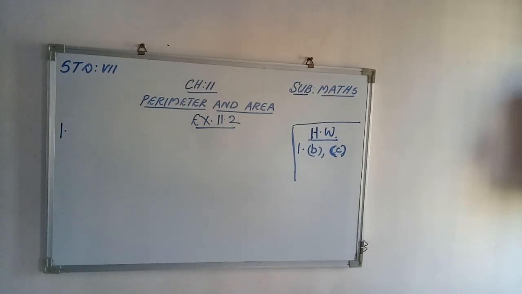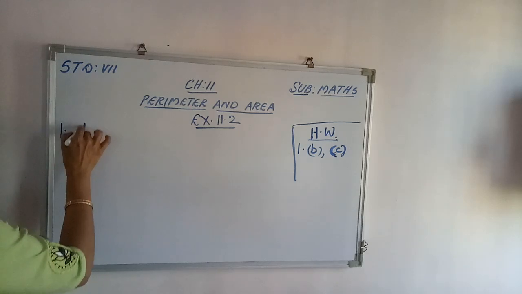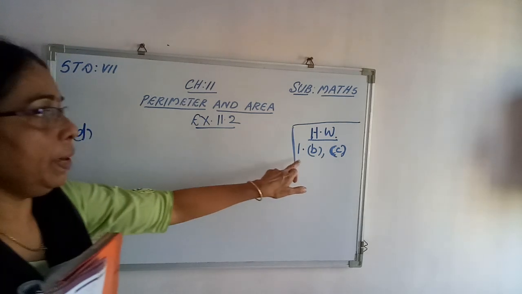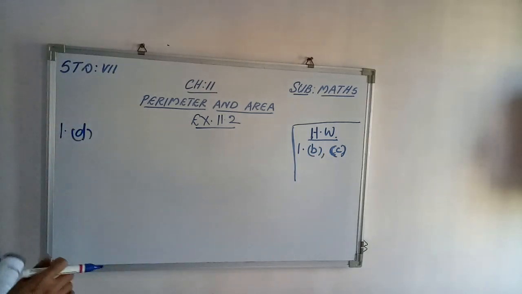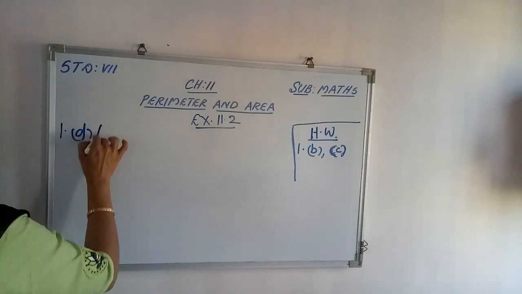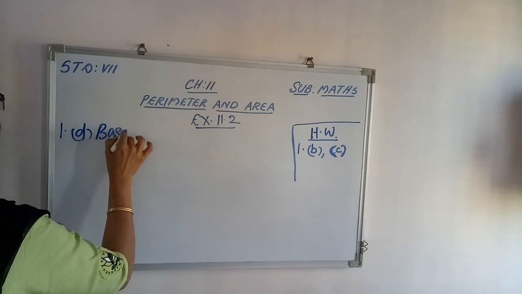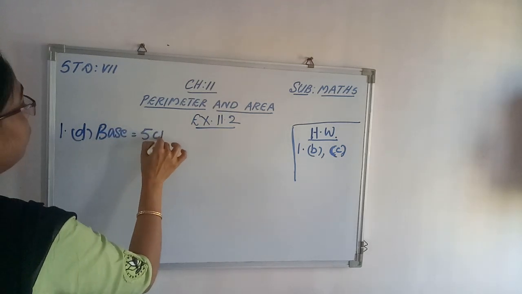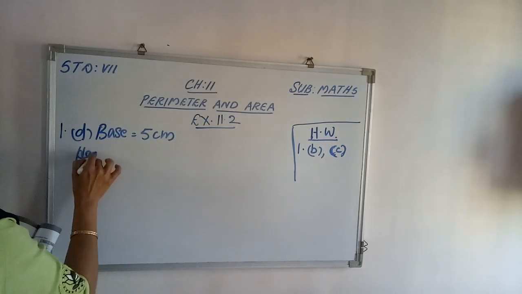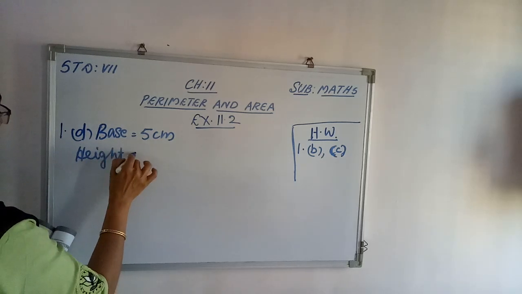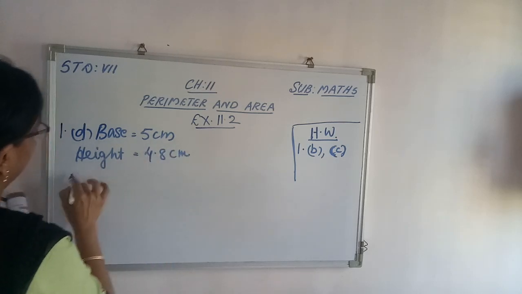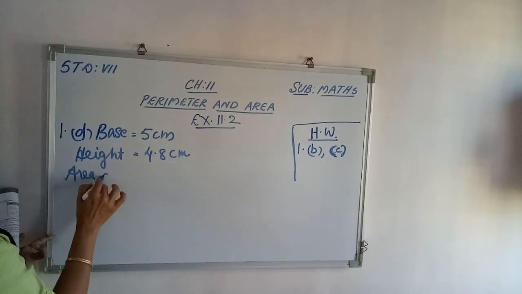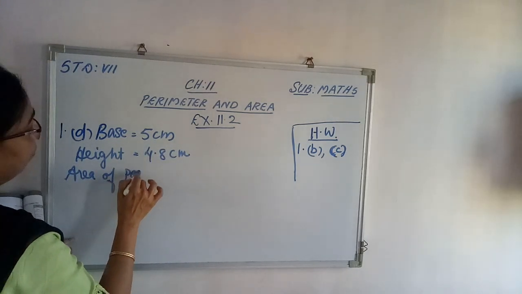Now question D. See, B and C you have to do as homework. Similar type. Now D. Base is equal to 5 centimeter. Height equals 4.8 centimeter. Then we can find out area of parallelogram.